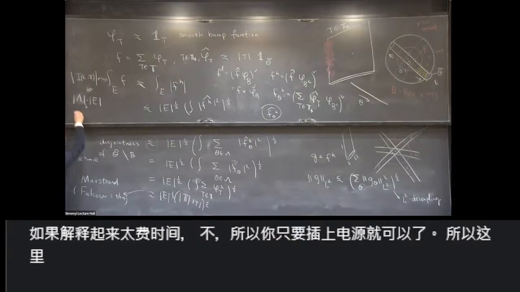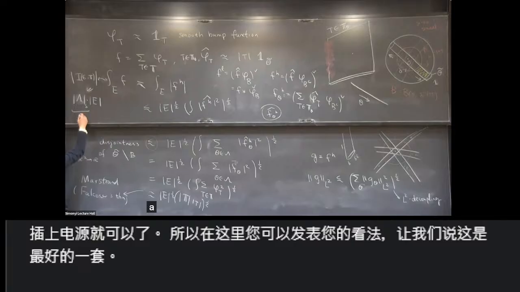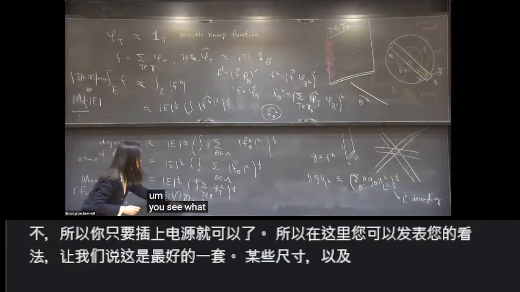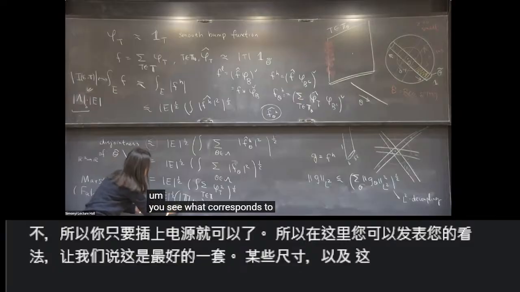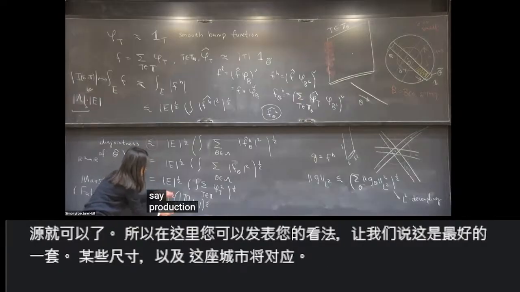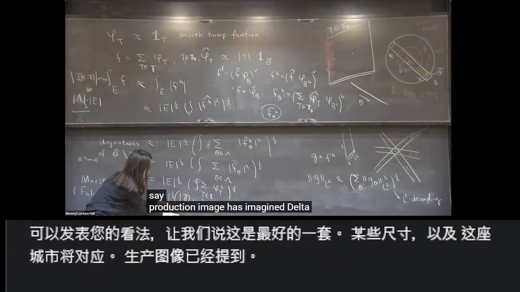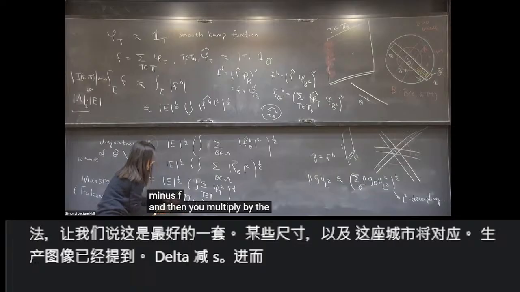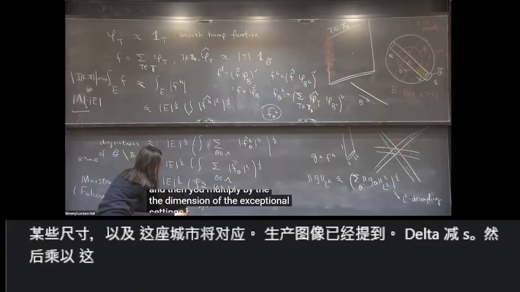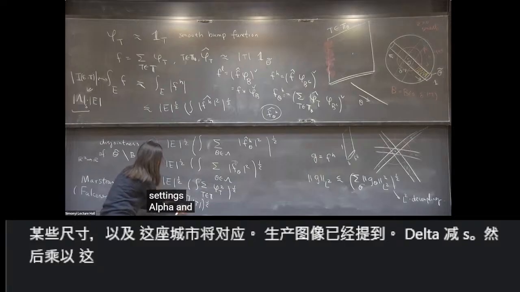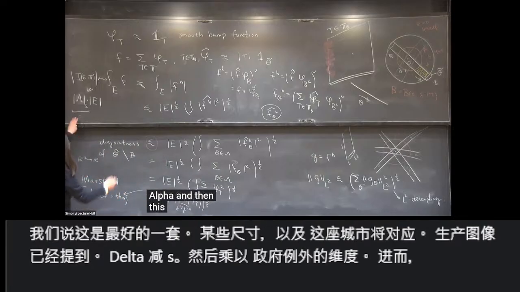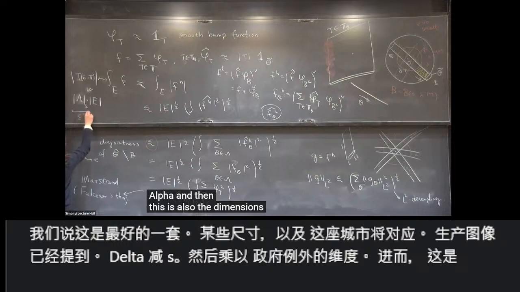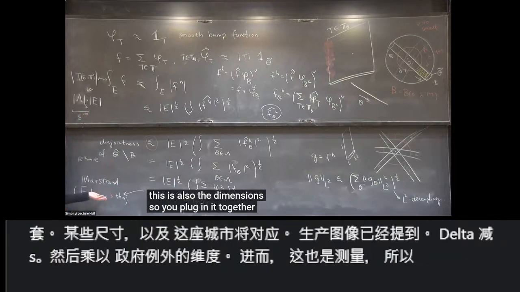So here you have, let's say, the bad set has a certain dimension, and this T will correspond to the projection image having dimension delta minus f, and then you multiply by the dimension of the exceptional set, say delta minus alpha. So you plug in and then figure it out.